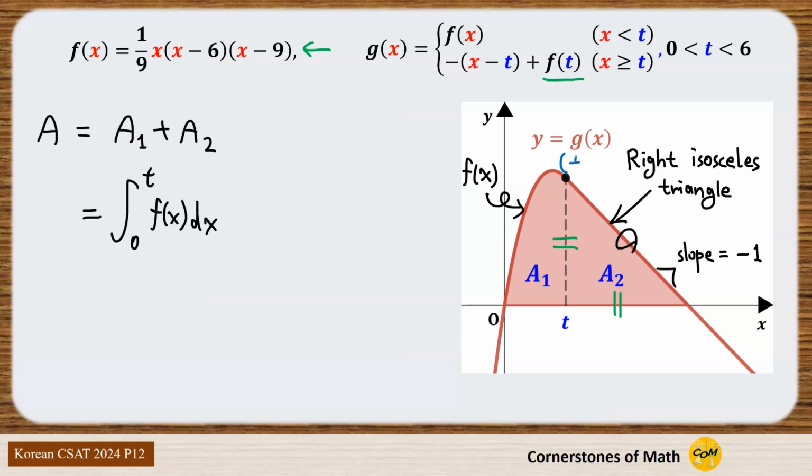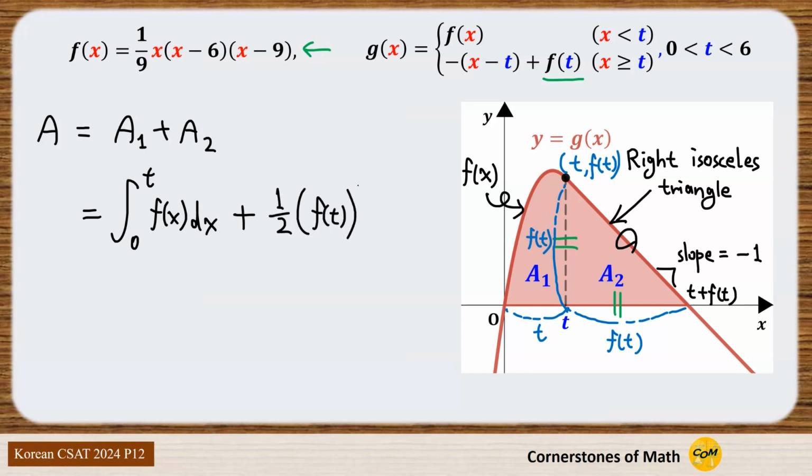And since this point is (t, f(t)), this length is t, and this length is f(t). Therefore, this length is also f(t). Therefore, area A2 can be expressed as 1/2 f(t) squared, the area of the triangle.